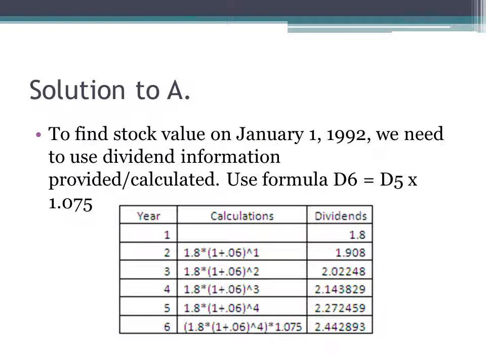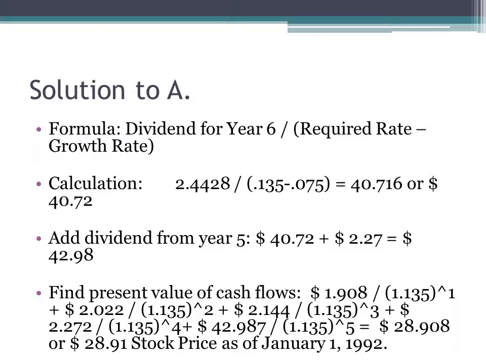Solution to 3A. To find the stock value on January 1st, 1992, we need to use dividend information provided and calculated. Use the formula D6 equals D5 times 1.075. In the last slide, we saw that it was 2.4428 as the dividend for year 6.